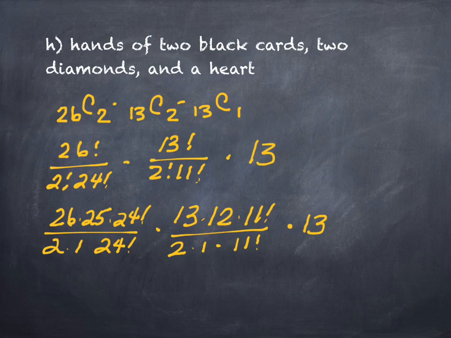All right, what do you want to reduce? Give me one, Tyler. Okay, you want to do the 2 and the 26, and the 26 will become a 13. Okay, Montana, can you give me one? 24 factorial. Awesome, 24 factorials, those got to go away too.